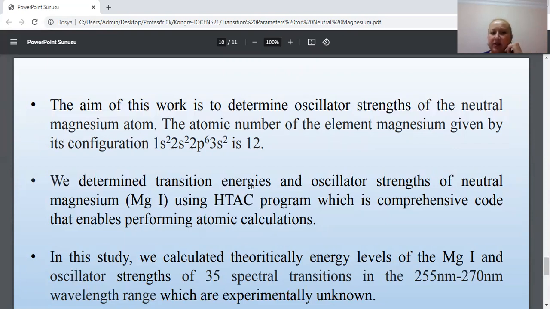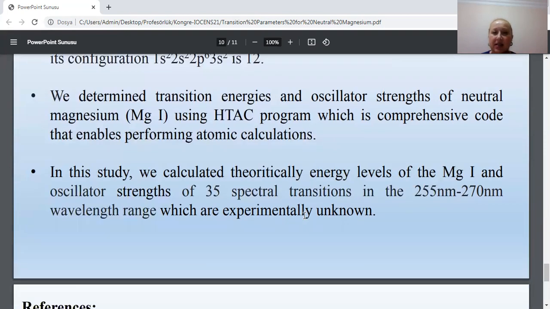We determine transition energies and oscillator strengths of neutral magnesium using the HTAC program, a comprehensive code that enables performing atomic calculations. In this study, we calculated theoretically the energy levels of magnesium 1 and the oscillator strengths of 35 spectral transitions in the 255 nanometer to 270 nanometer wavelength range, which are experimentally unknown.